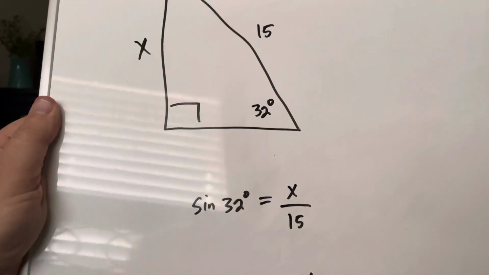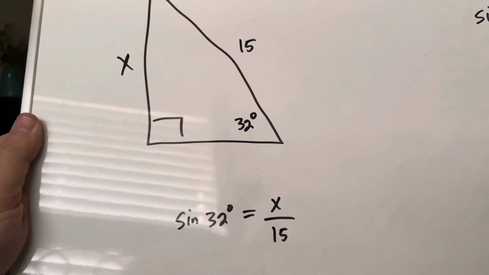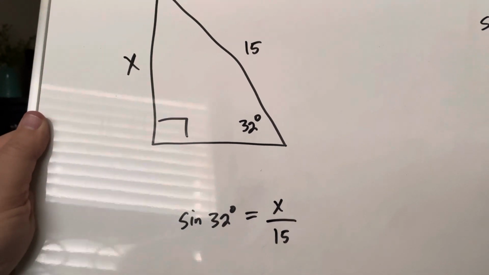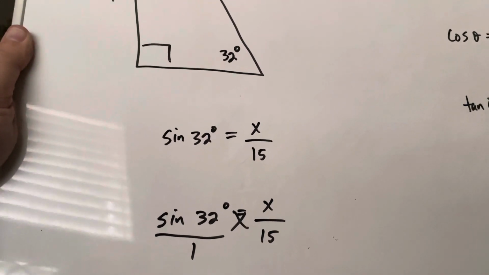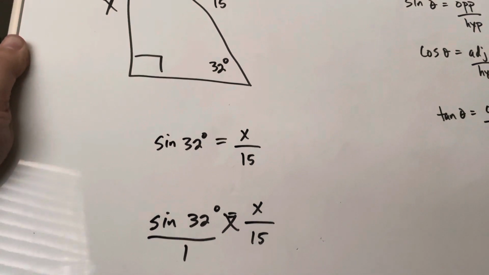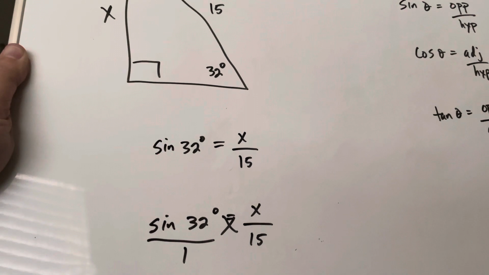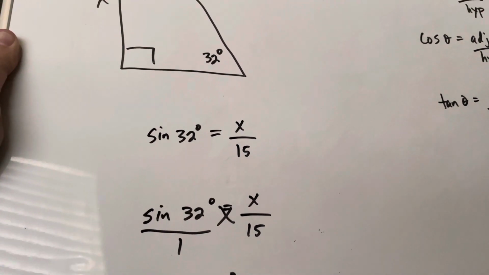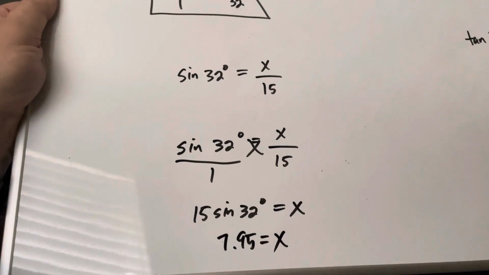The sine of 32 degrees is equal to x over 15, which results in putting the sine of 32 over 1 and cross multiplying. So if I'm solving for x, I'm going to write that as a proportion and cross multiply. So 15 times the sine of 32 equals 1 times x, which is x. So that looks like this.